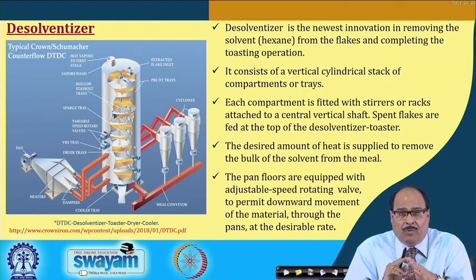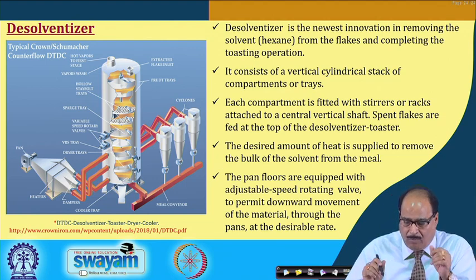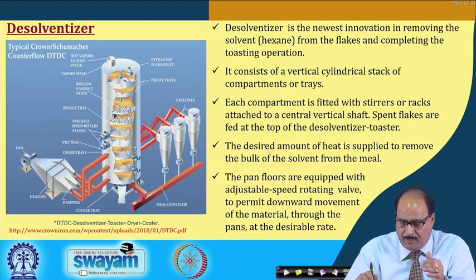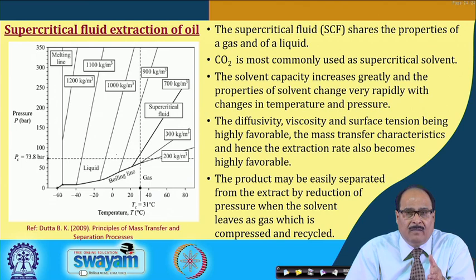The pan floors are equipped with adjustable speed rotating valves to permit downward movement of the material through the pans at a desirable rate. So, in this process this equipment operates and meal of desired quality, free of solvent, is obtained.